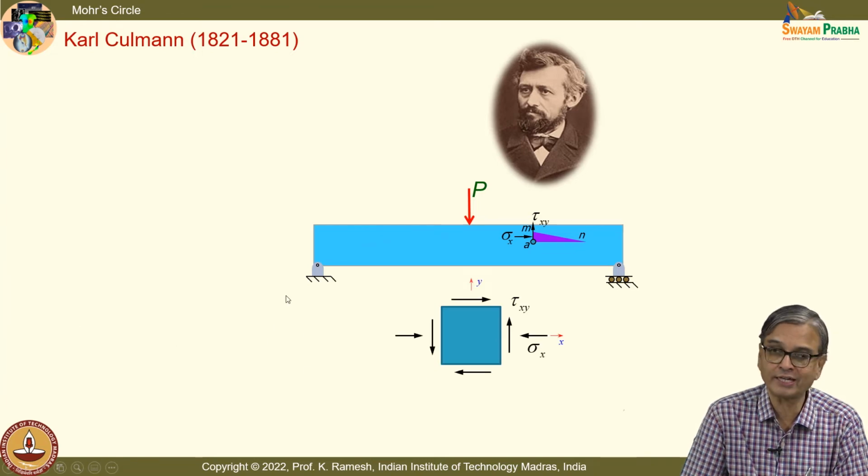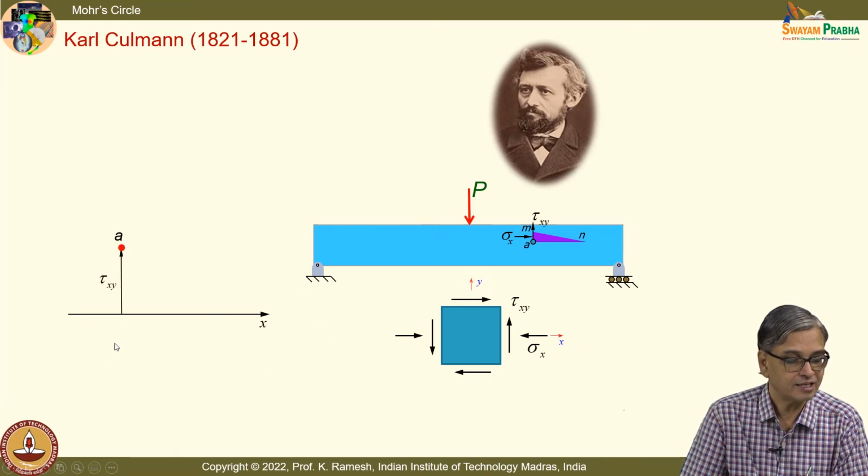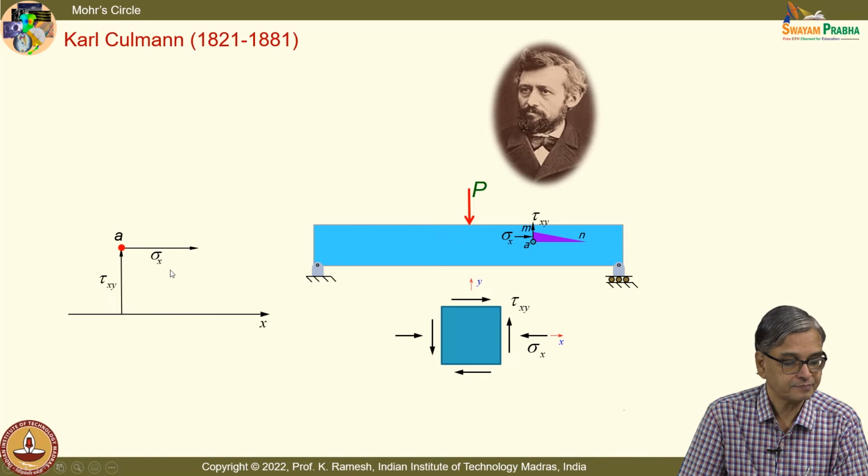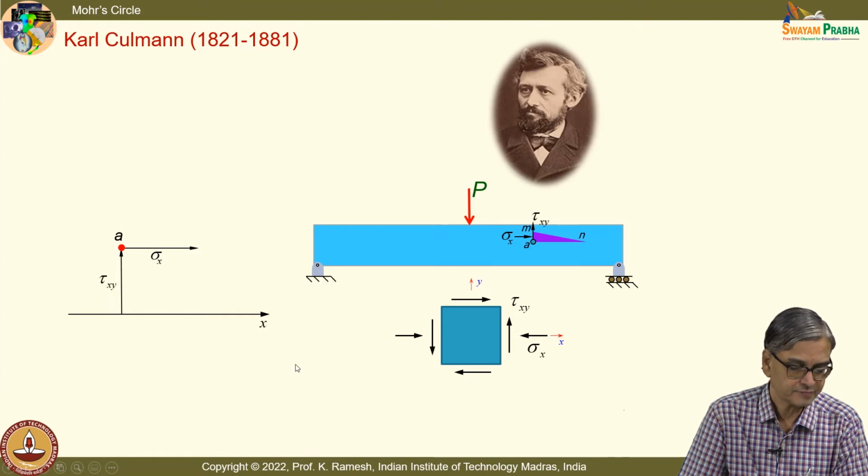I am going to follow what he has done. Okay. So, he has plotted on the x-axis and y-axis. So, he plotted shear stress and labeled that as point A. Whatever the shear stress at point A, he had put the shear stress. And he had put the normal stress and put it like this. Okay. This is actually a compressive stress here.